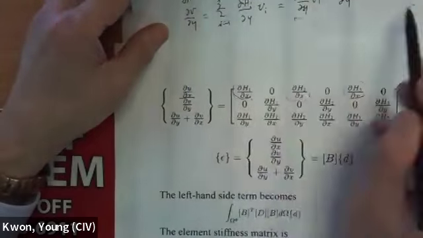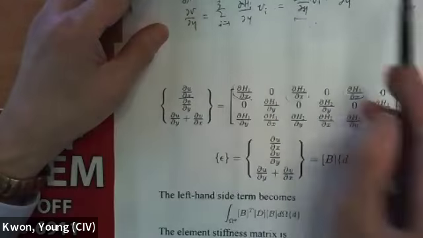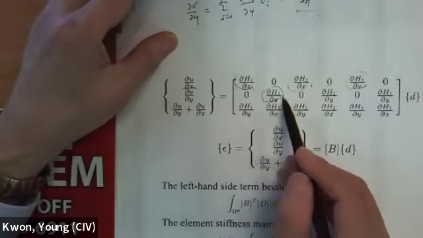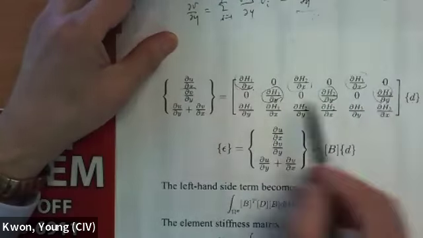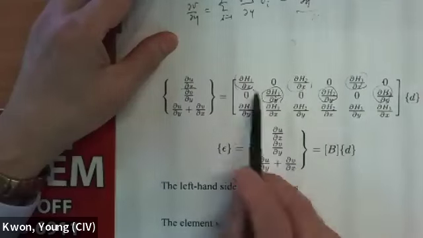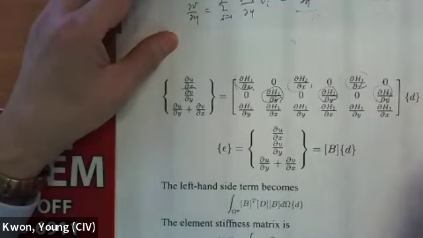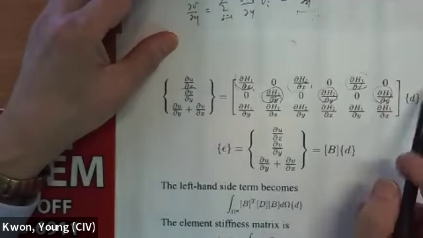Which is almost the same as that one, except that now this is associated with v rather than u. So the same string repeats, h1, h2, h3, h1, h2, h3, except that this one is the derivative in x, this one the derivative in y, and then multiplied by v1, v2, v3.